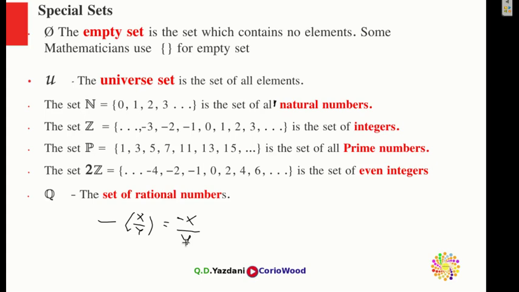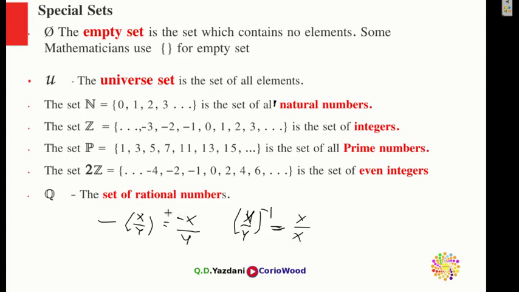As I said, given a non-zero rational number x over y, the multiplicative inverse is x over y to the power of negative 1, which is equal to y over x.